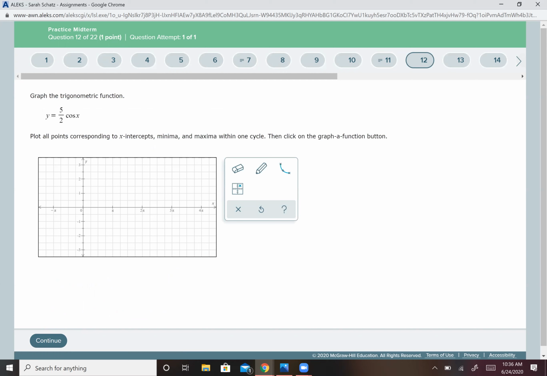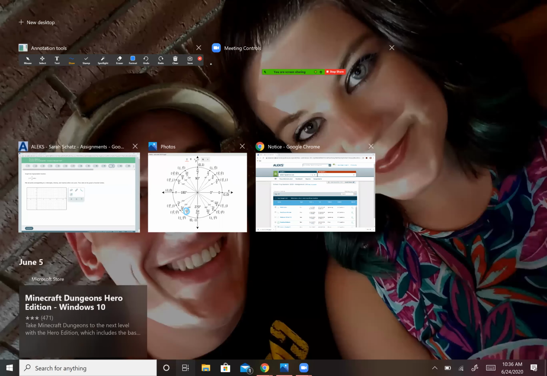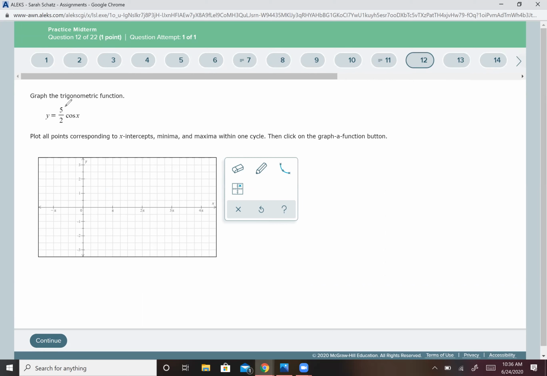All right, so we're graphing now. Actually, I'm going to draw first, guys. So this wants you to graph 5/2 cosine x.